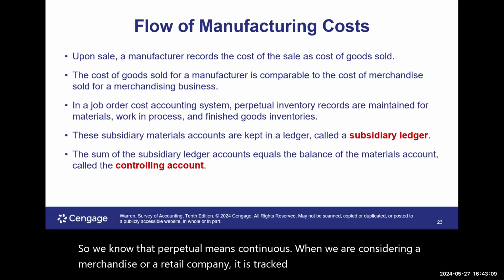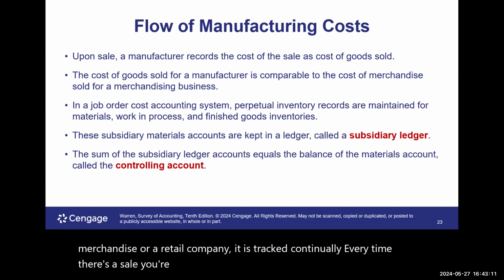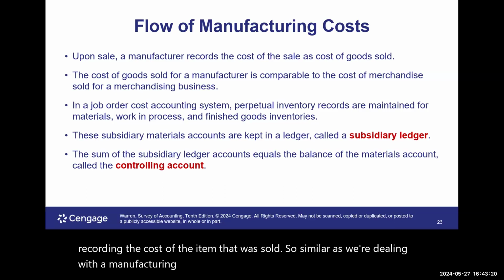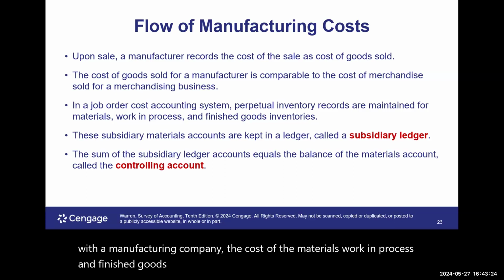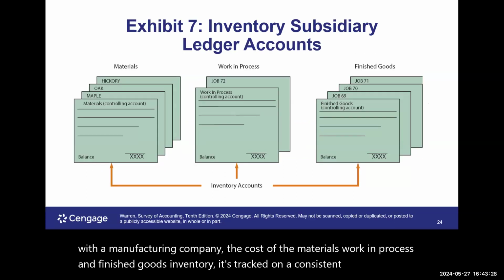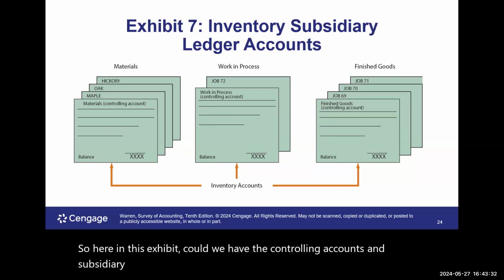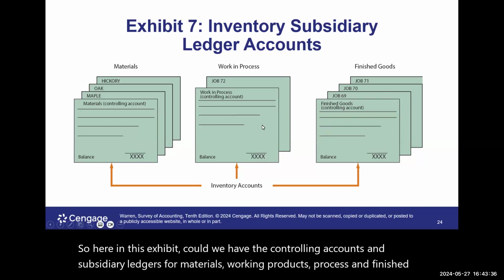Every time there's a sale, you're recording the cost of the sale, and you are also recording the cost of the item that was sold. Similarly, as we're dealing with a manufacturing company, the cost of the materials, work in process, and finished goods inventory is tracked on a consistent basis. Here in this exhibit, we have the controlling accounts and subsidiary ledgers for materials, work in process, and finished goods inventory.